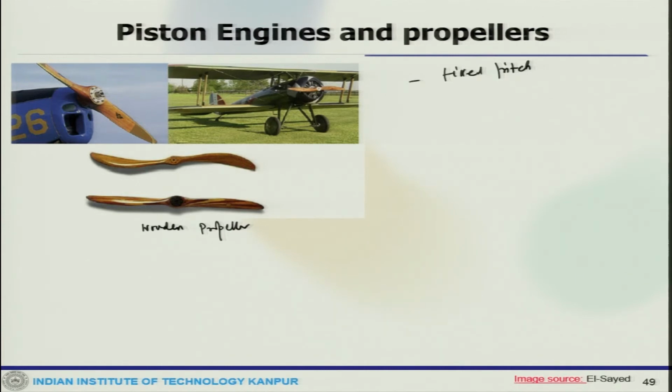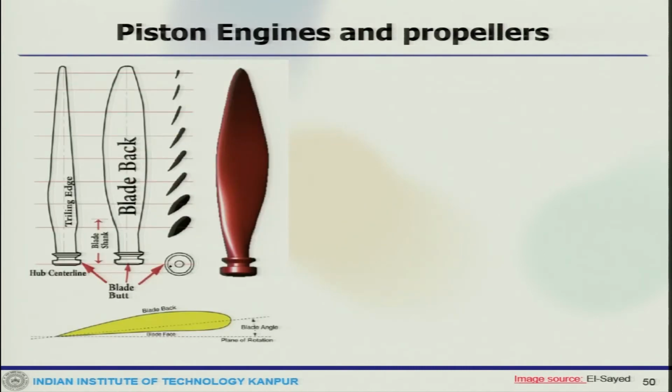Then the cross section looks slightly different, the cross section of this blade. So, this was used for these things, and this is a fixed pitch one, the cross section looks like this. This is an interesting cross section.